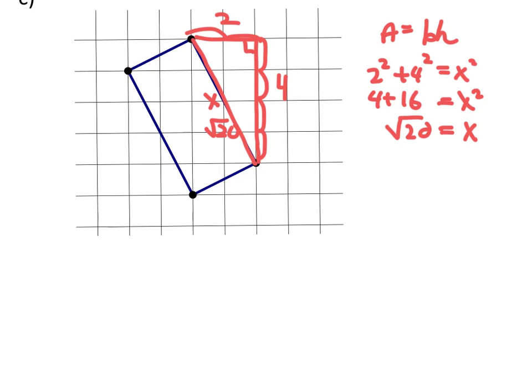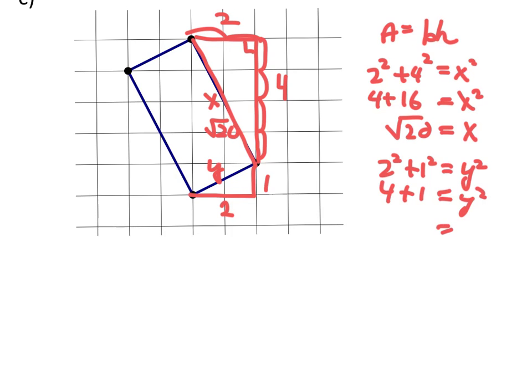Then when we look for the other dimension, we could draw in another right triangle right there. So that triangle is 2 spaces by 1 space. So 2 squared plus 1 squared is equal to that y squared. So y is the square root of 5.